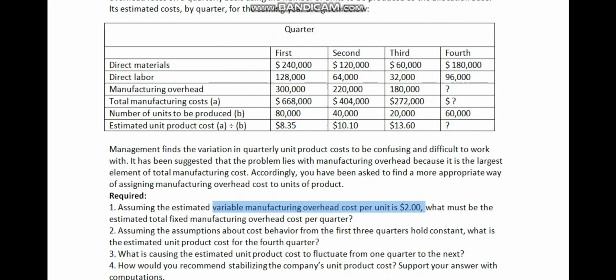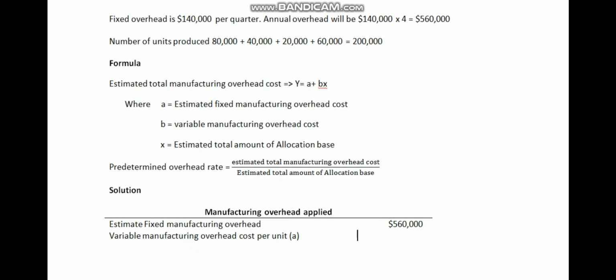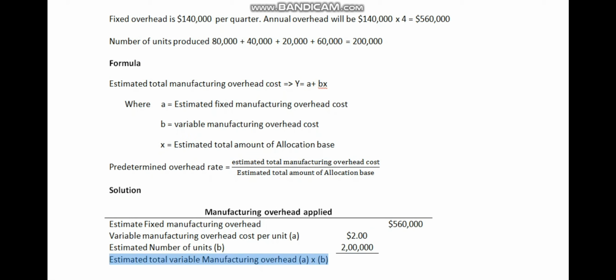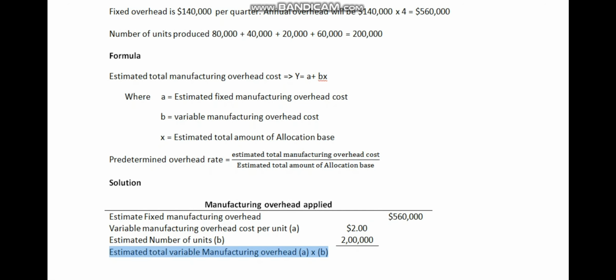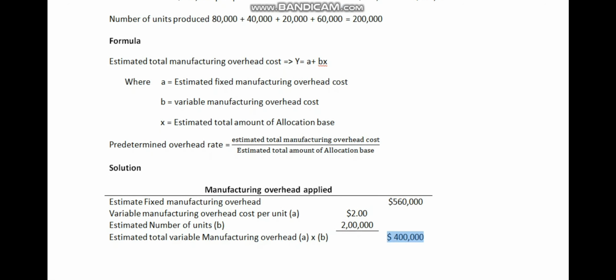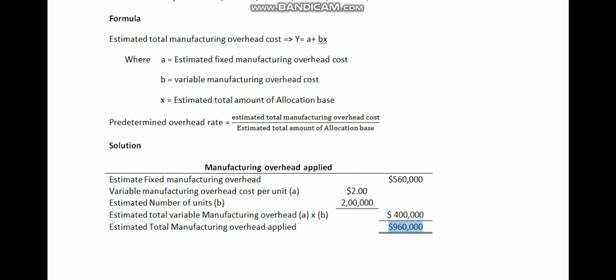I'm going to list this value, and next is the estimated number of units. Again, we're going to use the annual number of units, that is 2 lakh units. I'm going to multiply these two values, and I get $4 lakh. When you add these two, we get our estimated total manufacturing overhead applied, that is $960,000. This is the annual total manufacturing cost.